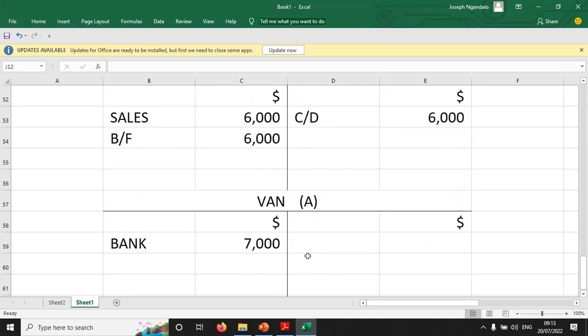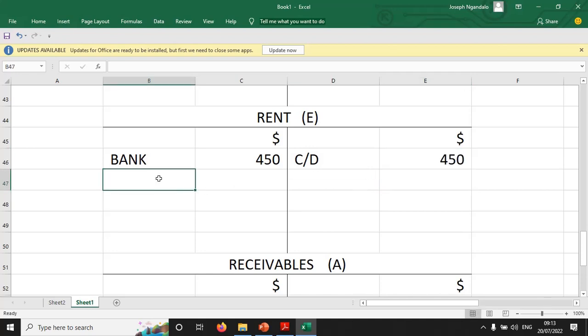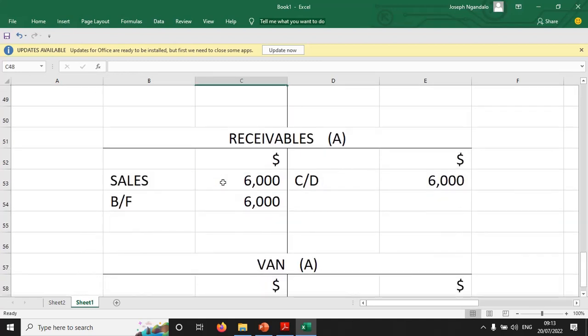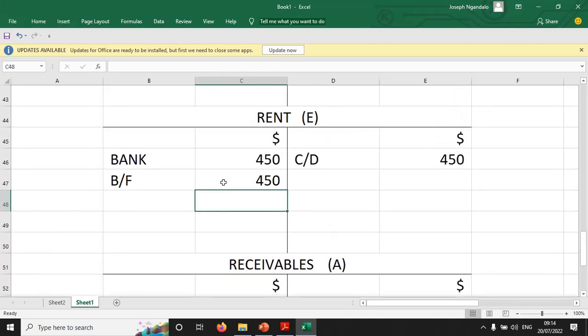Rent and van, eh? Simple. 400 and what? 50. Therefore, brought forward 450, right? I think let me also do the van in advance. Should I do the van in advance? Okay, please finish the rent. Finish the rent.